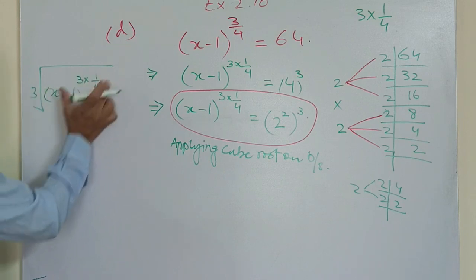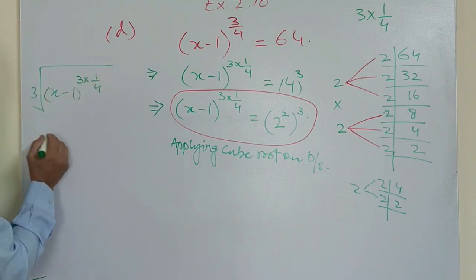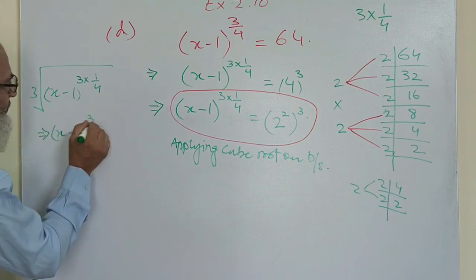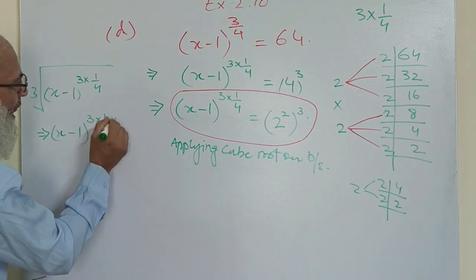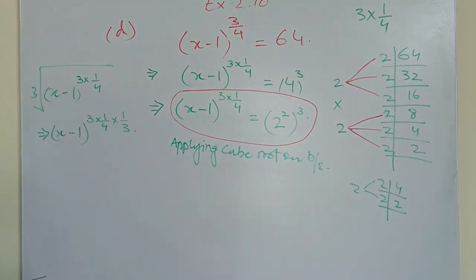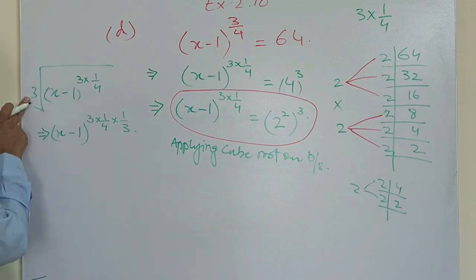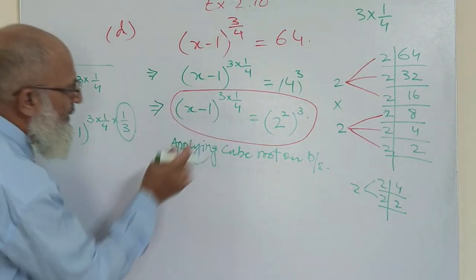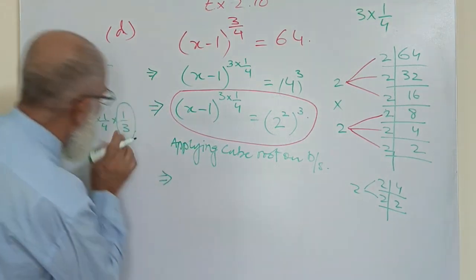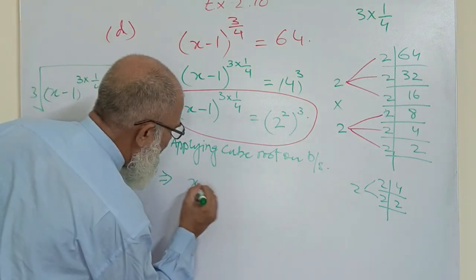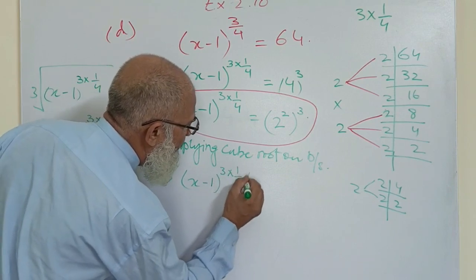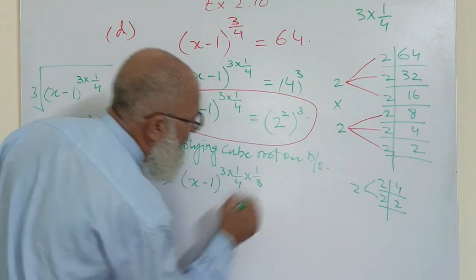Now this is upon whole of this thing, so you can write this whole thing like this as well. Because whatsoever is written over here will come over here. So let us write the whole term in this way: (x minus 1) to the power 3 multiplied by 1 by 4 multiplied by 1 by 3.